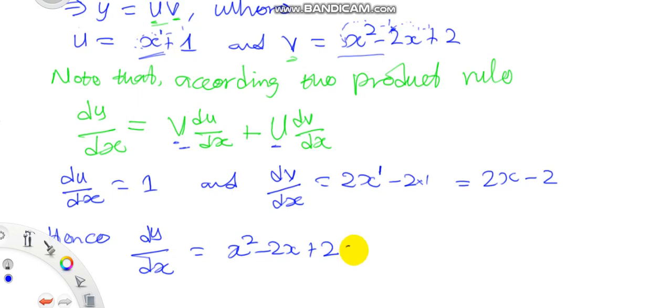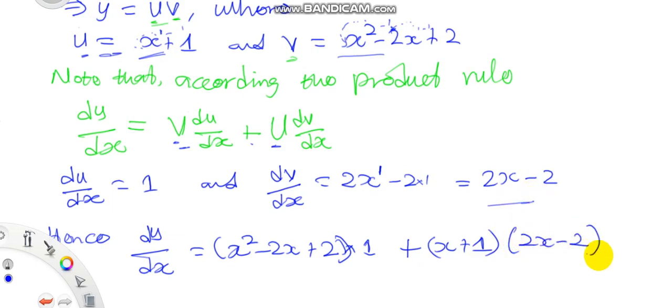Let's put the brackets. Then plus u, which is x plus 1, multiplied by the derivative dv dx, which we found to be 2x minus 2.